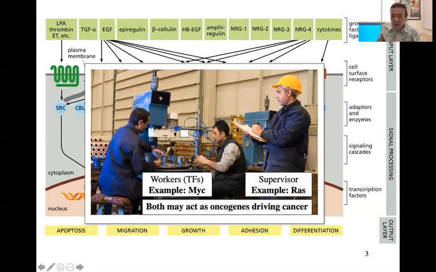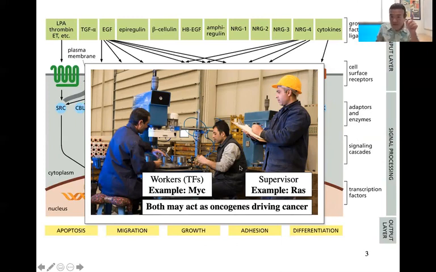We thought RAS and SRC could be very powerful oncogenes because if they change their mind about what they're supposed to be doing, in other words, if there's a mutation that alters their shape, that could have impact on multiple different downstream pathways. But it turns out that MYC, as a lowly factory floor worker, is just as powerful, if not more, as an oncogene. So how would that be?